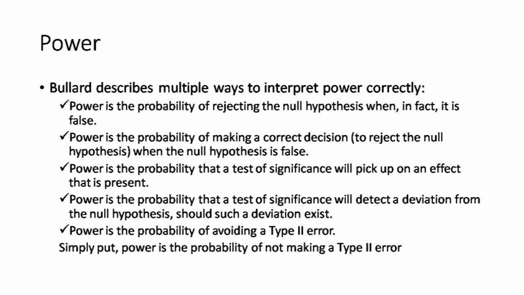Then power is the probability that a test of significance will detect a deviation from the null hypothesis, should such a deviation exist. Power is also the probability of avoiding a type 2 error. So, simply put, power is the probability of not making a type 2 error.